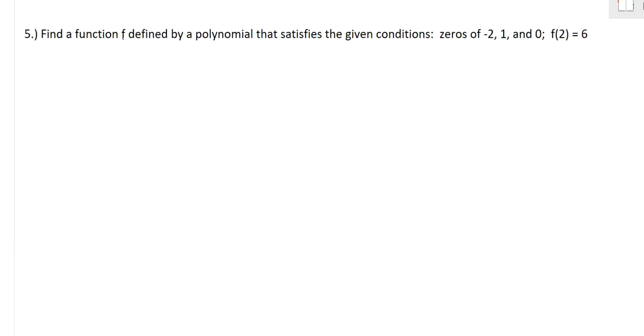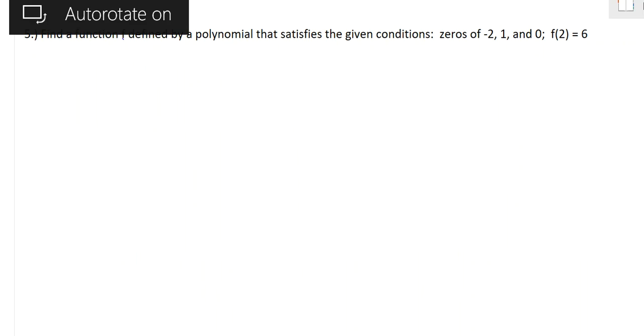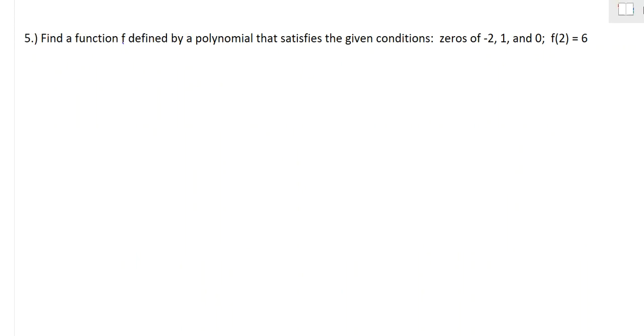Number 5 asks us to find a function f defined by a polynomial that satisfies the given conditions. And they tell us that the zeros are going to be -2, 0, and 1. But when you plug in 2 into the function, it equals 6.